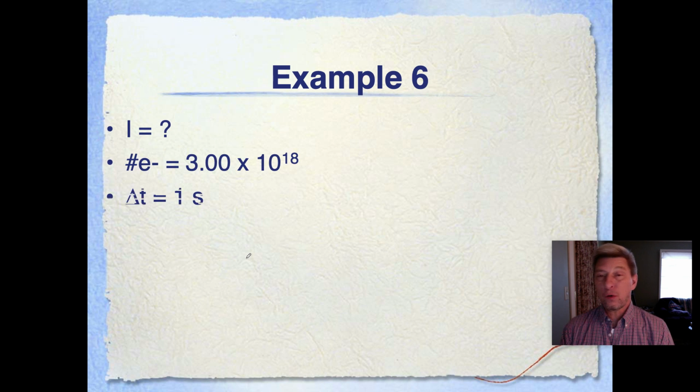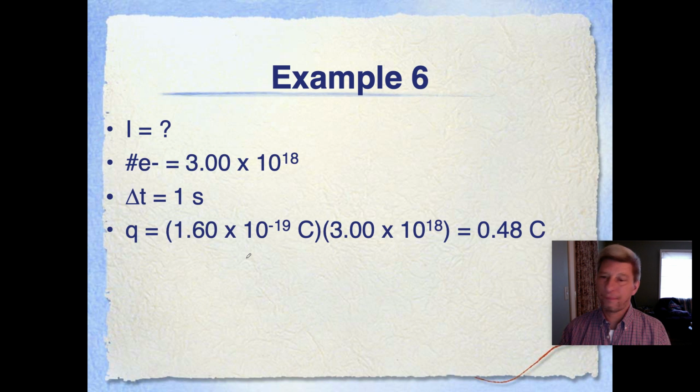Now notice there's no unit there because this is a constant. It's a number. It's a count, if you will. And I know that the time elapsed that I'm choosing, why not keep everything easy, is 1 second.